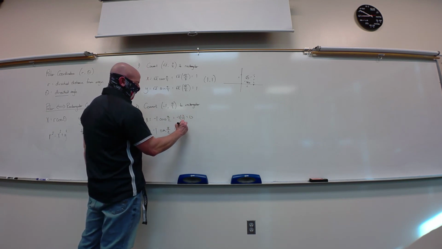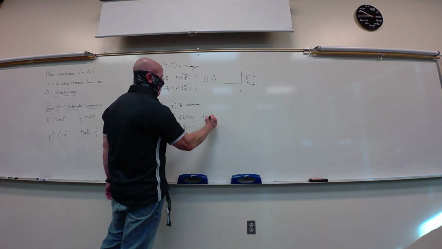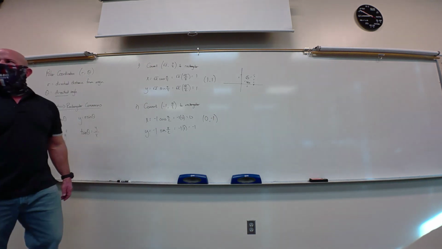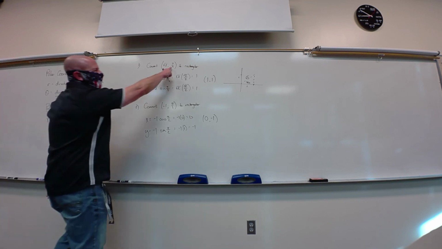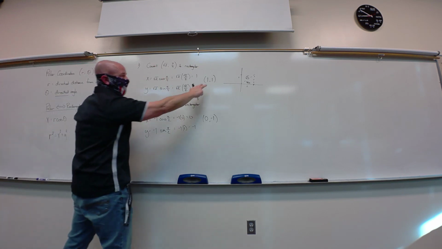Sine pi halves is 1. Negative 1, my point is 0, negative 1. And usually what I'll say, because a lot of times, if you're like me anyway, you mix up the positives and negatives sometimes. Especially when it comes to negatives, I'll drop negatives by mistake quite often. I always visualize where it's at. Quadrant 1, stay in quadrant 1. Yeah, I better have positive, positive.